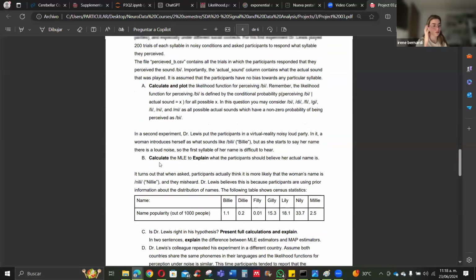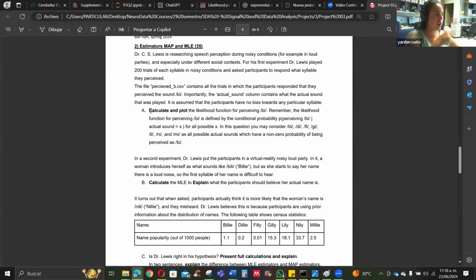You have the posterior and then you need to calculate the likelihood and the prior. So really, we want the likelihood of the presented syllable given that B is heard, not the likelihood of B being heard given the presented syllable. We want the opposite of what I understood. Exactly, yes. We want the likelihood of all possible sounds.